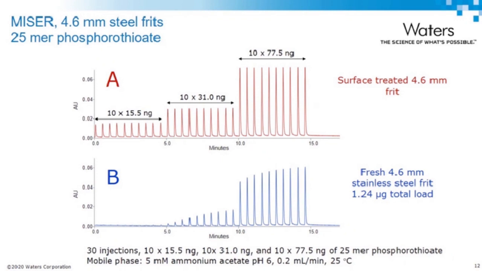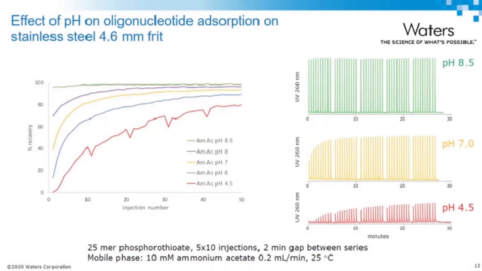And if you look at the value 1.4 microgram total load that I need to passivate my stainless steel frit, it is proportionally larger than for the 2.1 millimeter frit. So for a column that is equipped with larger frits, obviously, you will need to passivate them with more material.